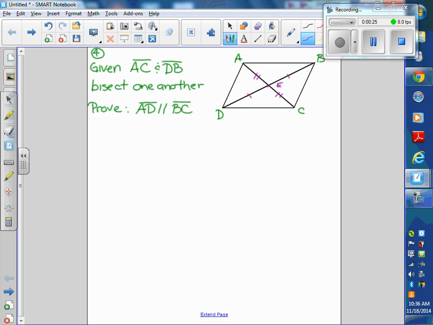But if we're trying to prove AD is parallel to BC, think about that Z that I keep trying to get you guys to trace over. The two angles that we need to be congruent are this angle and this angle. Because if those two angles are congruent, then I have parallel lines.